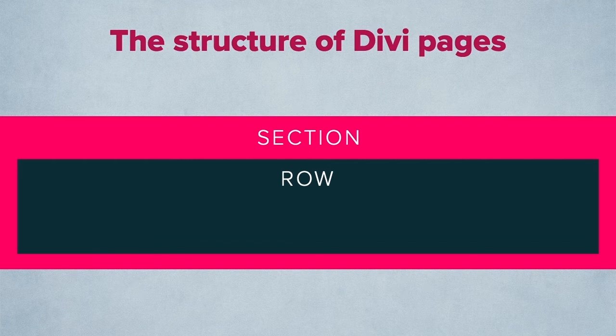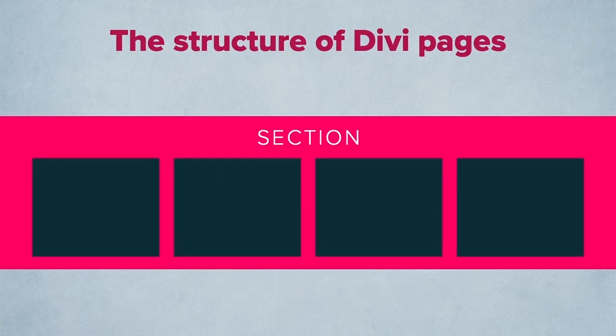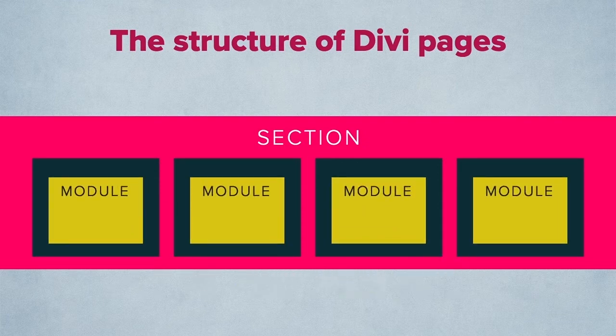A row could be one single column, or they could be split into 2 columns, 3 columns, 4 columns, or even more complex layouts. Modules go inside rows and are the actual content blocks of your website. There are lots of modules in Divi, including basic text, tabs, accordions, sliders, pricing tables, and much more.